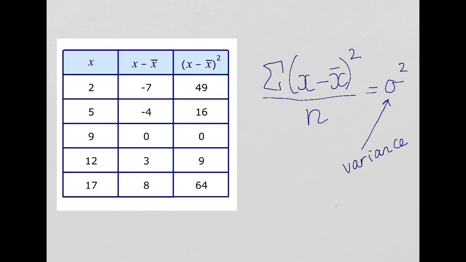And if I square root it, that gives me the standard deviation. So this is the formula for standard deviation. That is the formula for the variance.